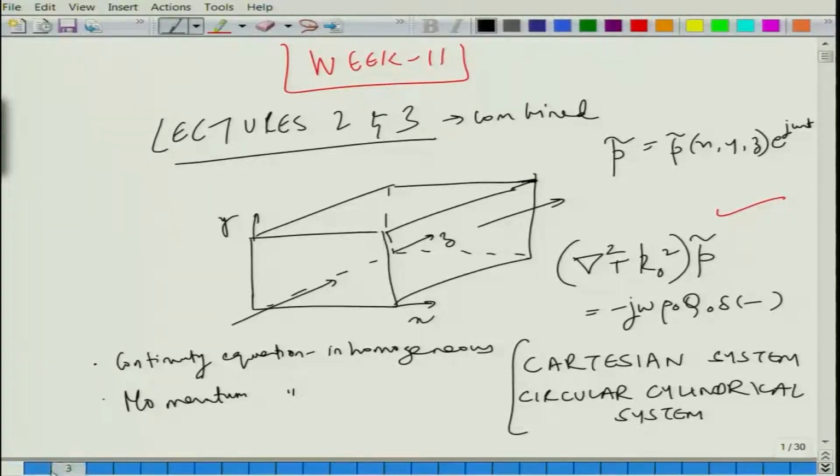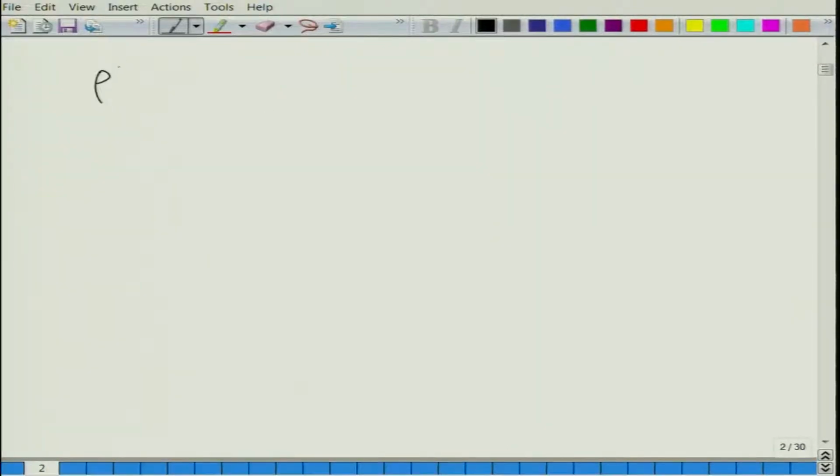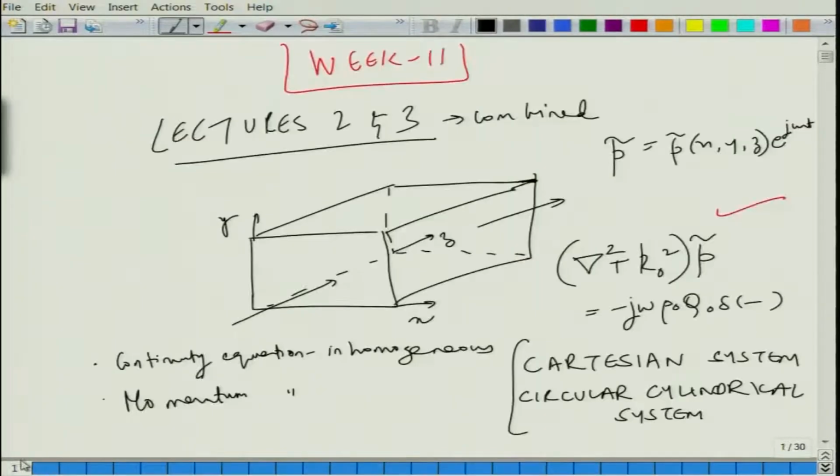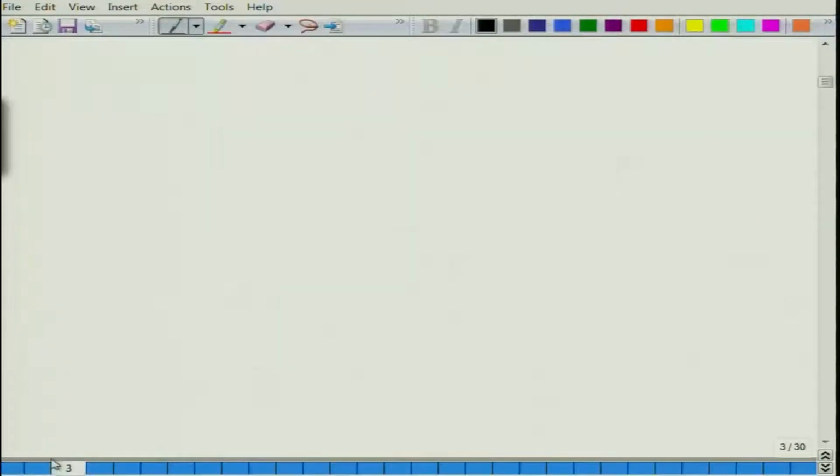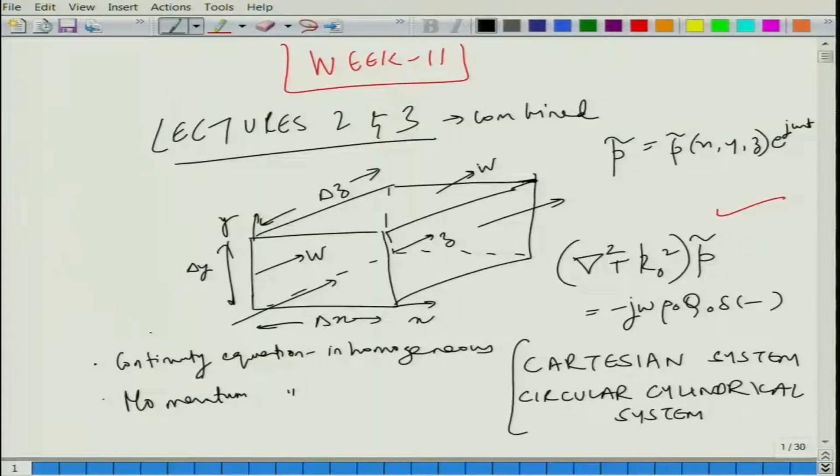So, here we will have rho u, and let us say this length is delta x, delta y, delta z, and the flux that enters here is your velocity w, and the one that leaves here is also w, but we will look at the mass flux that leaves and goes inside and leaves from the other face and so on. So, let us just focus to begin with on this particular face which I am shading, this rectangular face.